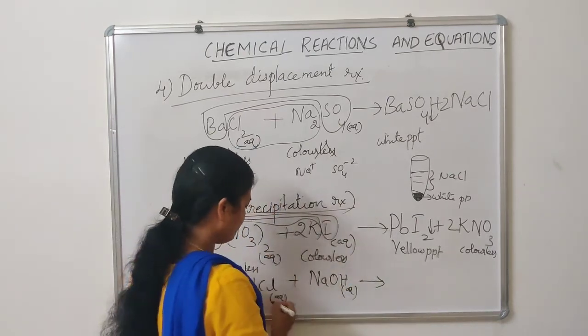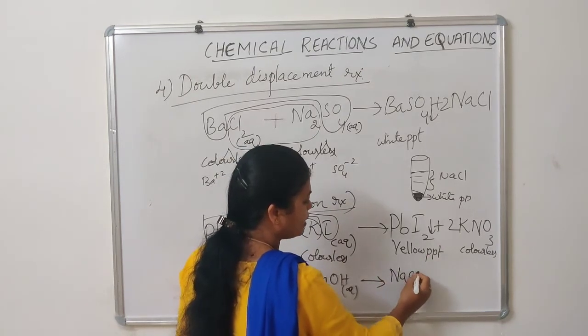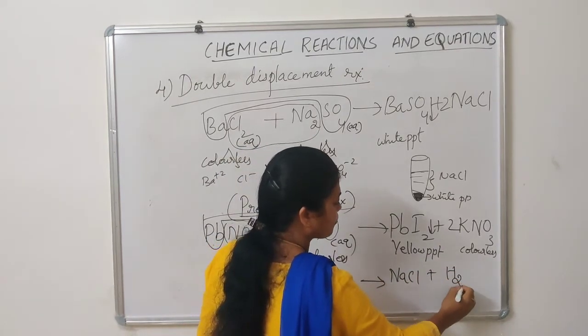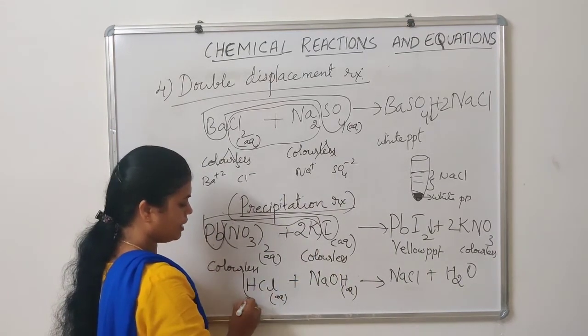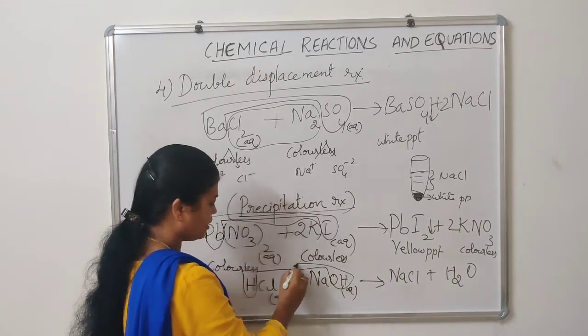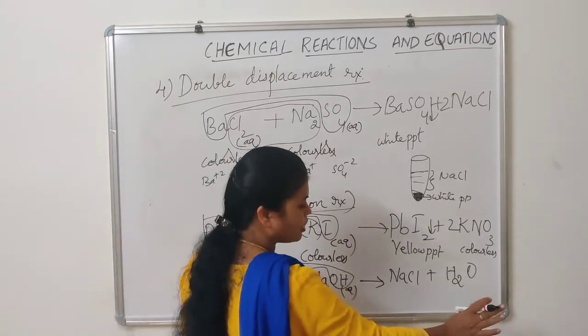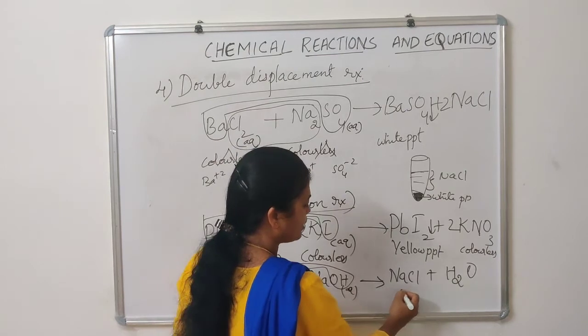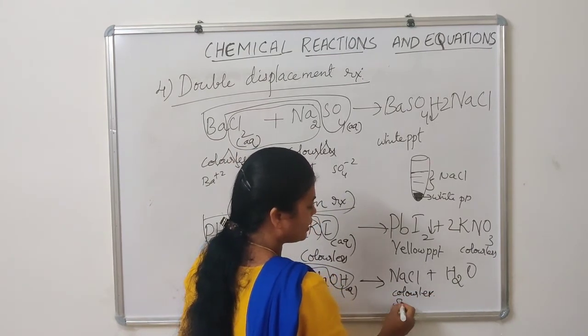When we mix these two solutions, it forms NaCl plus water. Here also there is an exchange of ions: H and OH form water, and Na and Cl form NaCl. There is no precipitation, it is colorless only, but what we see is that a salt is formed.